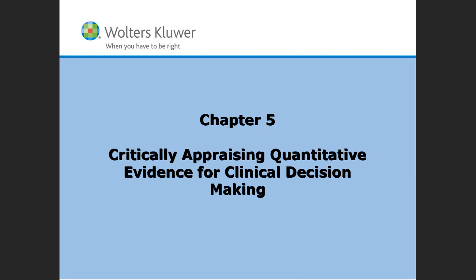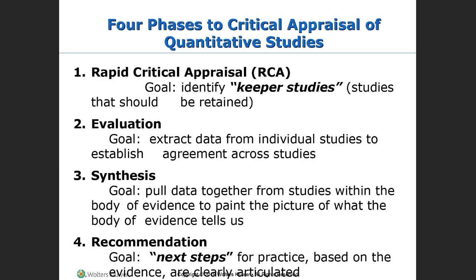So moving along with the PowerPoint, there are 4 phases to critical appraisal of quantitative studies, and that includes a rapid critical appraisal. And the point of that is basically to decide, are these studies worth being further looked at?